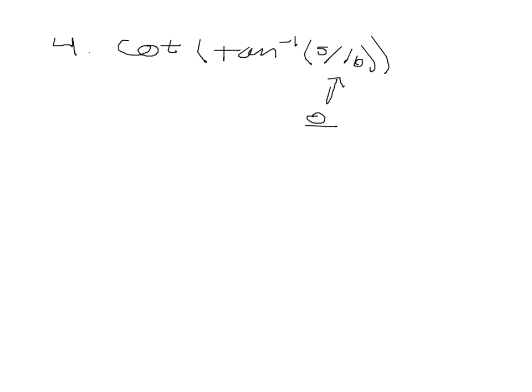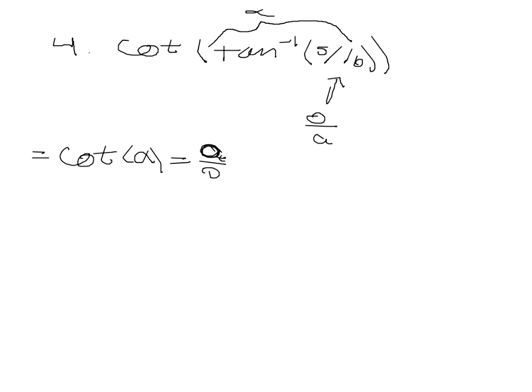Okay. Number 4. Cotangent of tangent inverse of 5/16. So what goes into an inverse tangent is opposite over adjacent, and what comes out of an inverse tan function is alpha. So we can rewrite this as cotangent of alpha, which, by the way, is adjacent over opposite. Now, how much calculation am I going to have to do? Let's see.